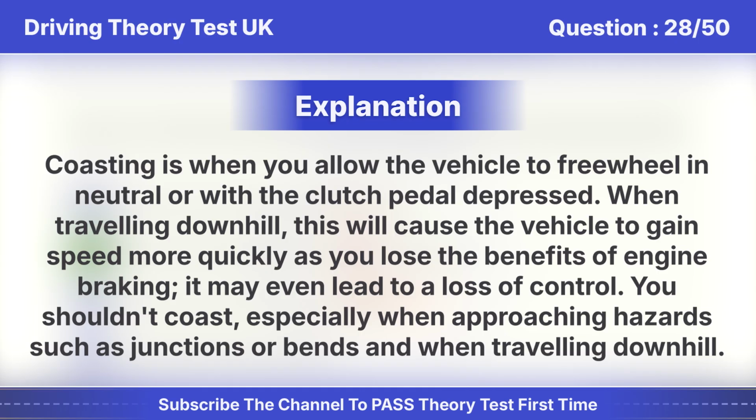Coasting is when you allow the vehicle to freewheel in neutral or with the clutch pedal depressed. When traveling downhill, this will cause the vehicle to gain speed more quickly as you lose the benefits of engine braking. It may even lead to a loss of control. You shouldn't coast, especially when approaching hazards such as junctions or bends and when traveling downhill.